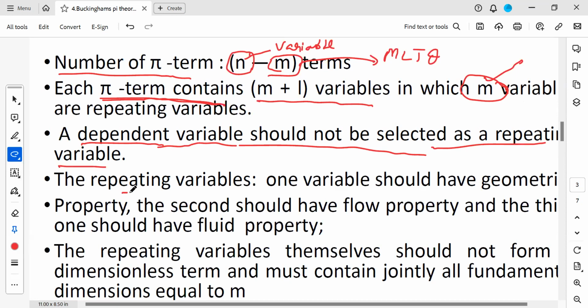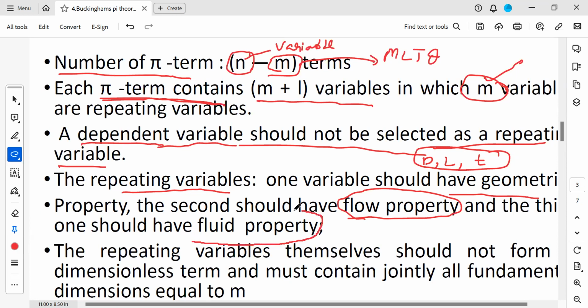The repeating variables will be selected in such a way that one should have a geometric property like diameter, length, or thickness. Another should be a flow property like velocity or acceleration, and another should be a fluid property like kinematic viscosity or density. In general, we take repeating variables in this way.